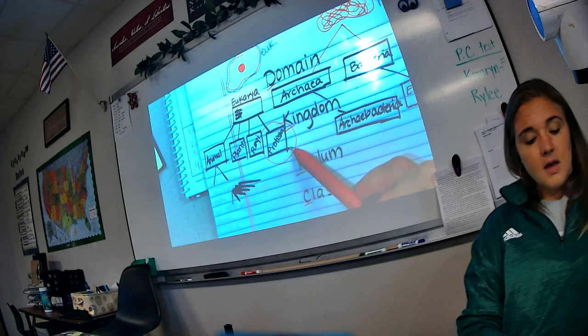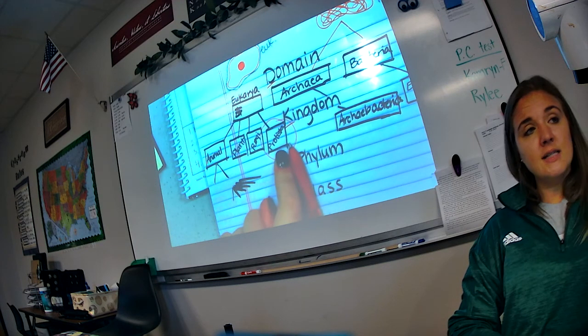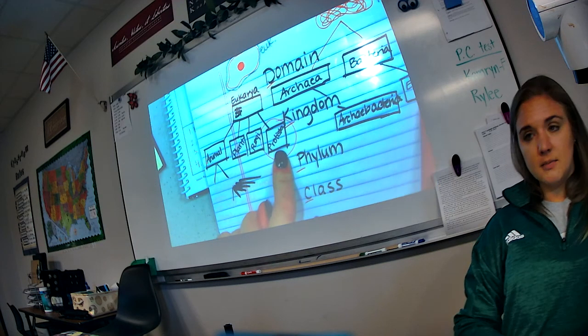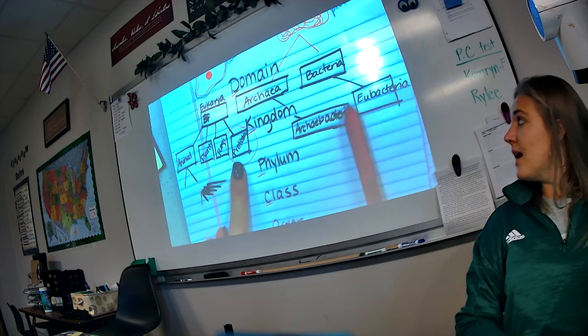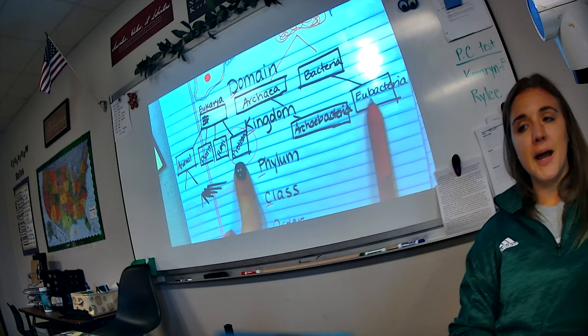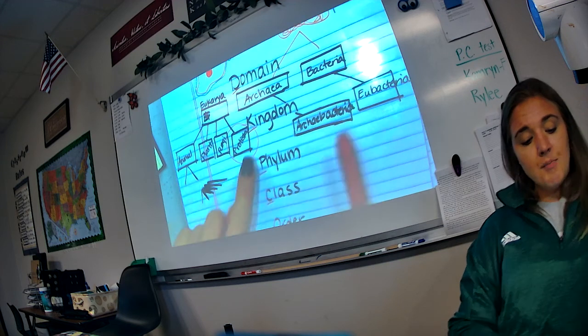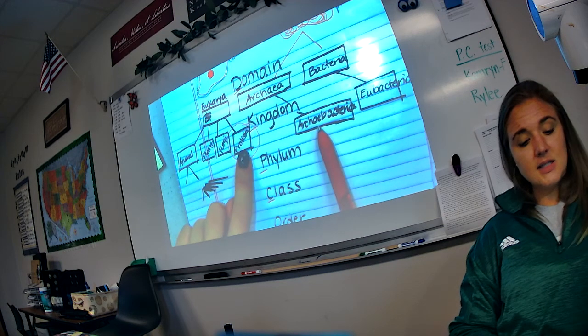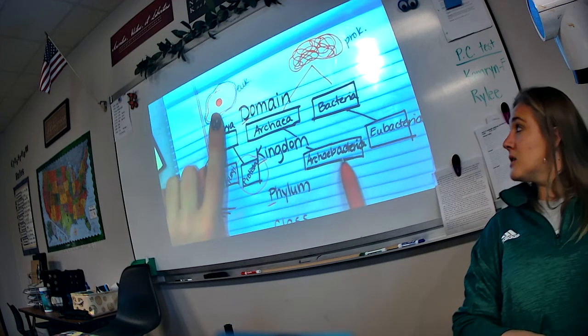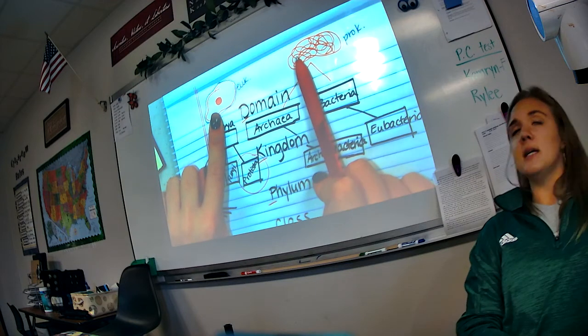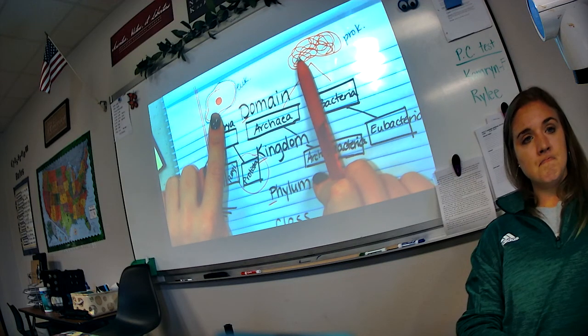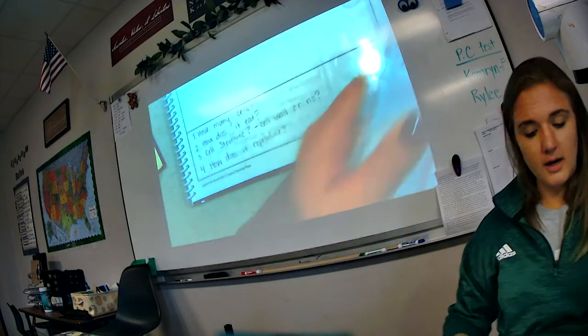So because of that, he's very similar to these two kingdoms. Both Archaea bacteria and eubacteria are microscopic one-celled organisms, usually. But the difference is Protista's cells look like this, while these guys' cells look like this. All right.